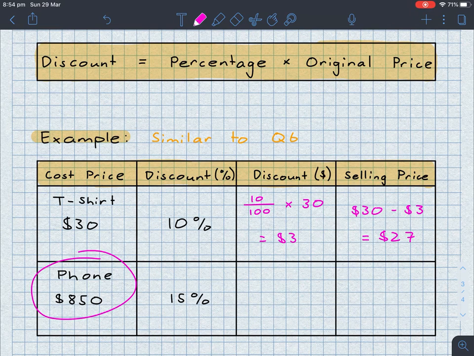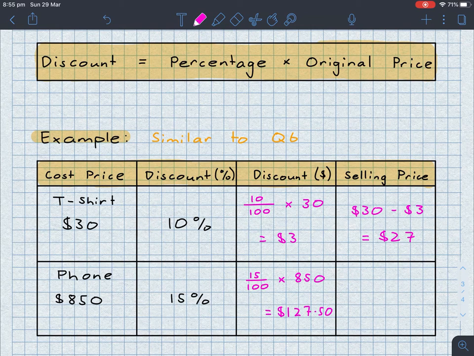We can do the same with a phone. So this phone is worth $850 and the shop is having a 15% off sale. So I multiply 15% is 15 out of 100 times by the price of the phone, which is $850. So 15 out of 100 times by $850 in our calculators is $127.50.